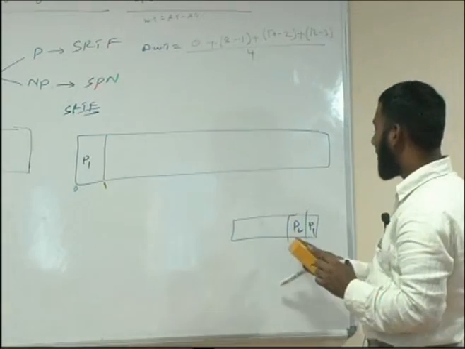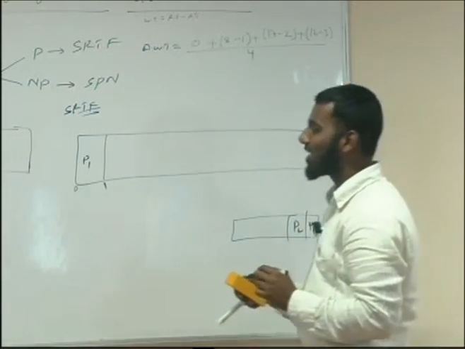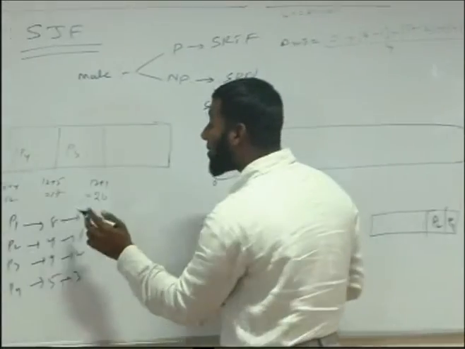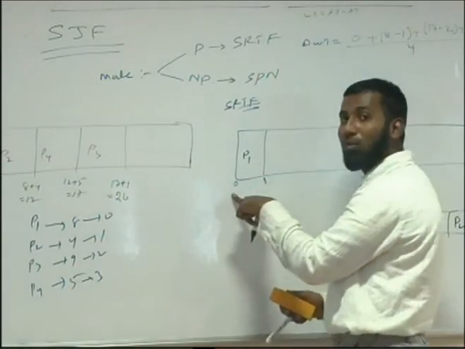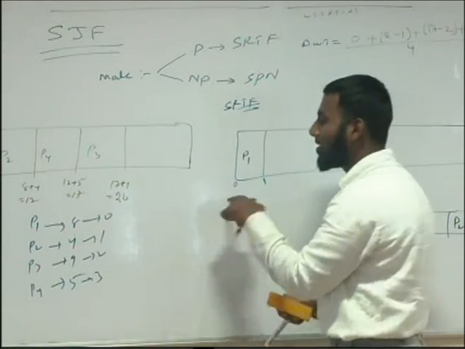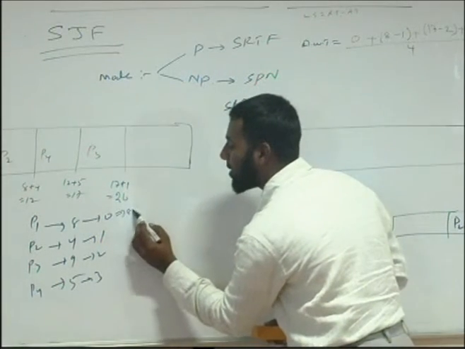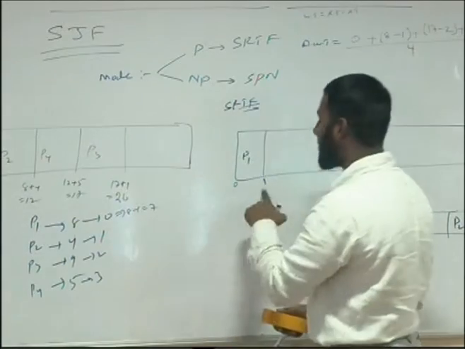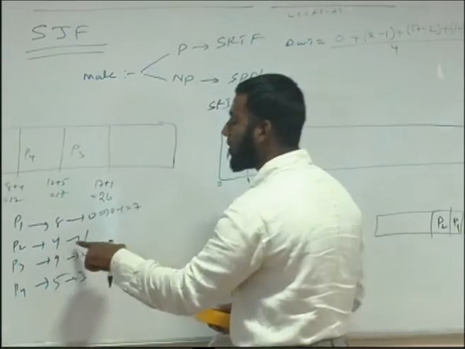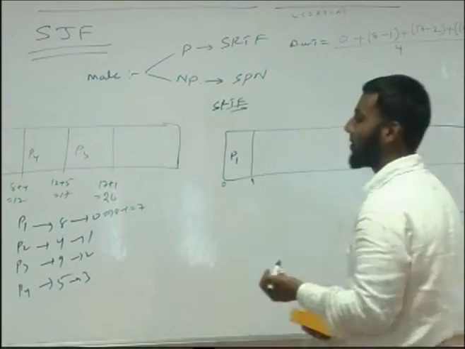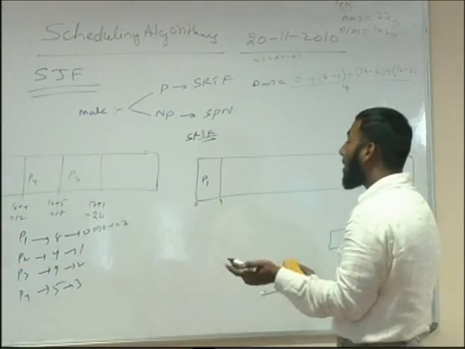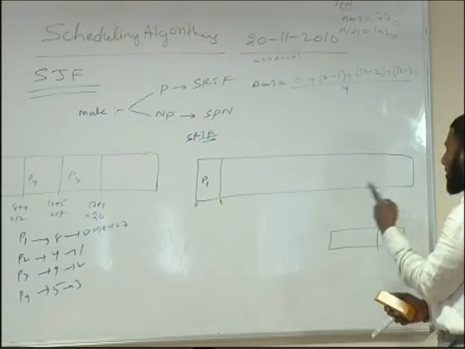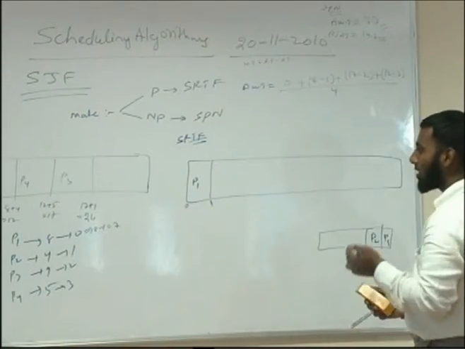When it enters the ready queue, this algorithm takes a decision. So how much remaining time for process P1? Process P1 has already executed 1 unit of time, so 8 minus 1, 7 units of time remain, and for process P2, 4 units of time remain. Okay. So which is the shortest remaining time? Shortest remaining time is for process P2. So preemption happens.